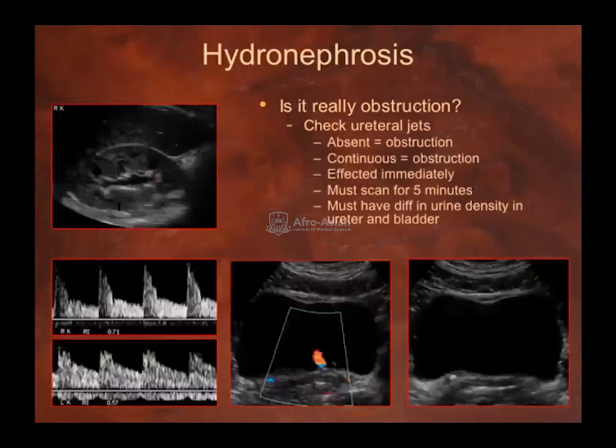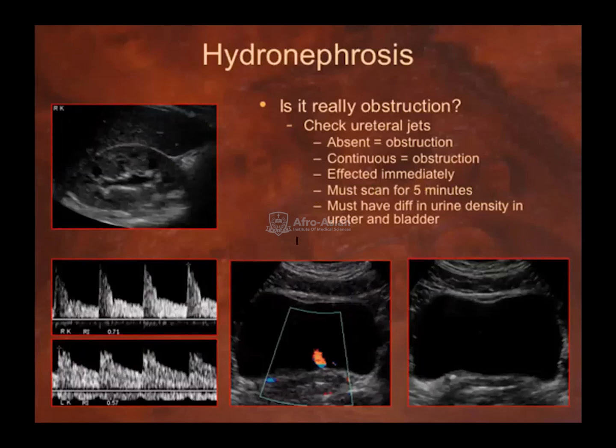If it is real obstruction, then we look for different things. Check the ureteric jets: they are absent if there is obstruction, continuous obstruction affected immediately, and you must scan for 5 minutes, so that if there is anything transient, you can rule it out.